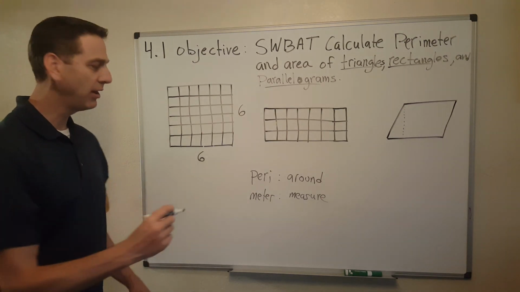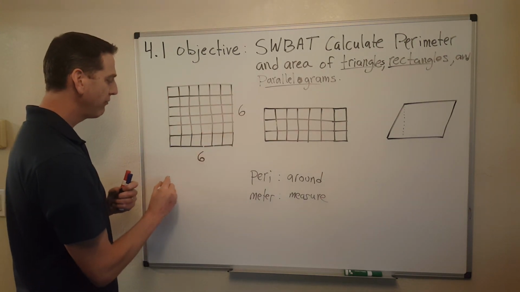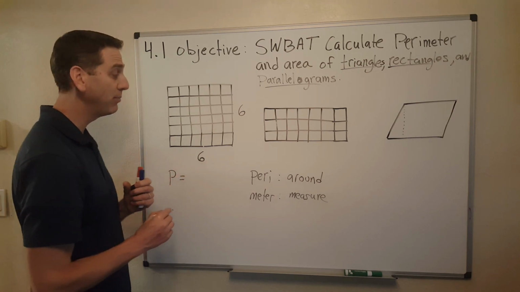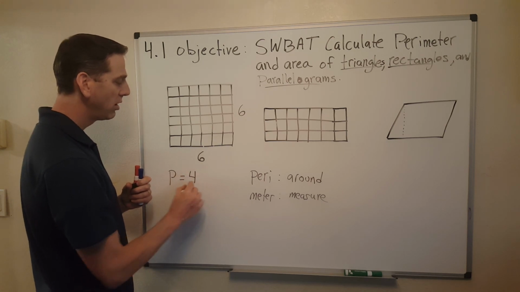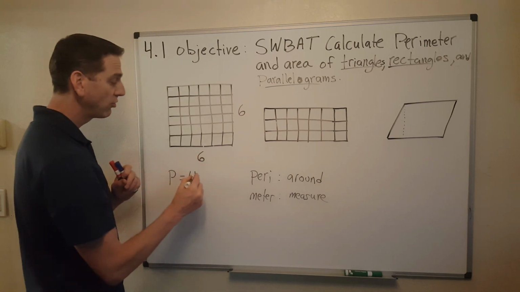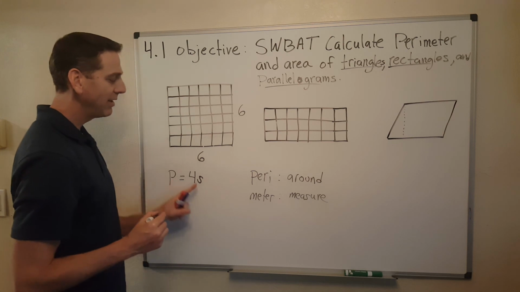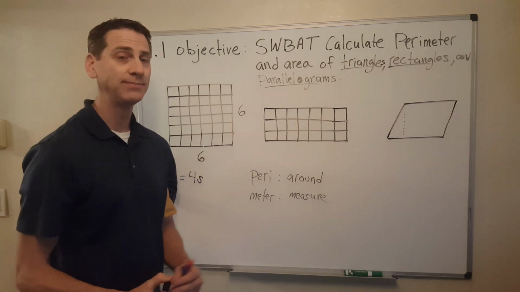We can actually develop a formula for the perimeter of a square. And the formula for the perimeter of a square would just simply be 4s, right? Because there's 4 sides and they're all equal. That's not a 5, that's an S. An S just simply stands for side, right?